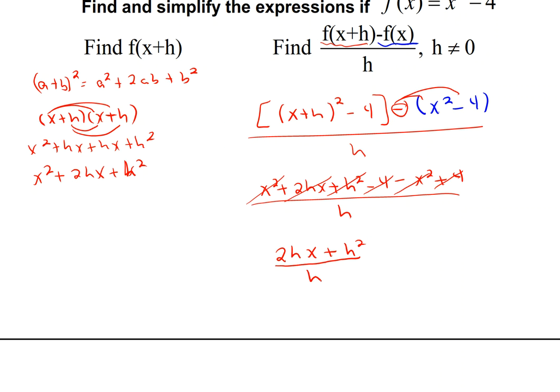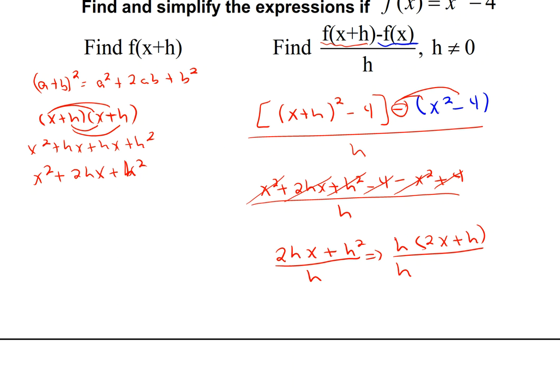All divided by h. Now you see that both of my terms in my numerator have a factor of h. So I can simplify this a little farther by factoring out an h from my numerator. So if I divide each one of those terms by h, factor out an h, and divide each one of those terms by h, that gives me h times (2x plus h), all divided by h.